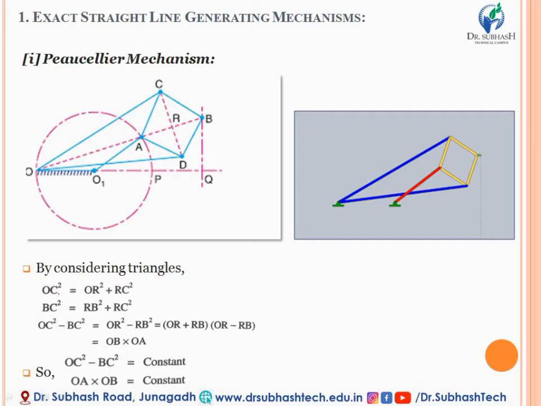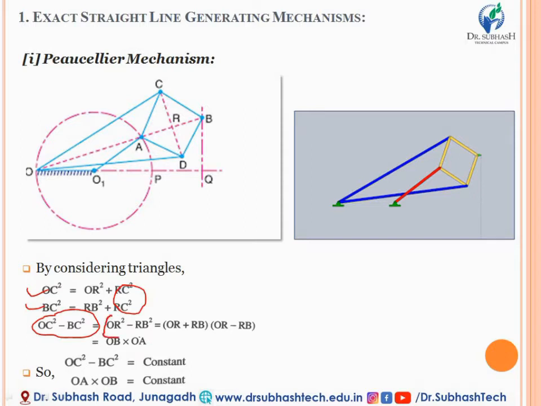by subtracting the equations from each other. You just have to subtract the equation of BC square from the equation of OC square. Ultimately you get OC square minus BC square equal to OR square minus RB square, because RC square is the common term, so when you subtract it, it cancels out.